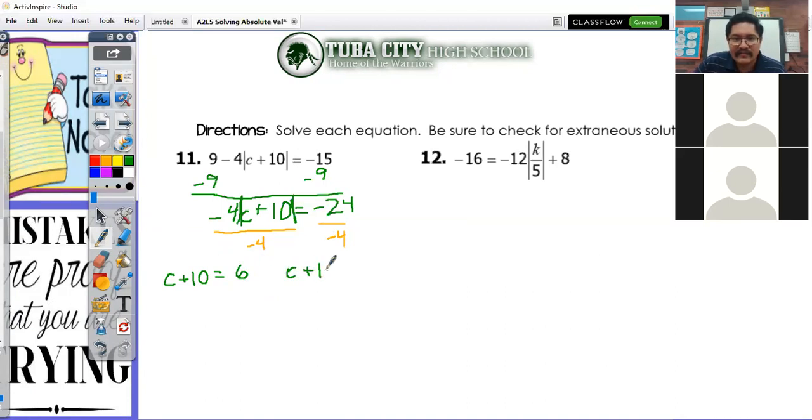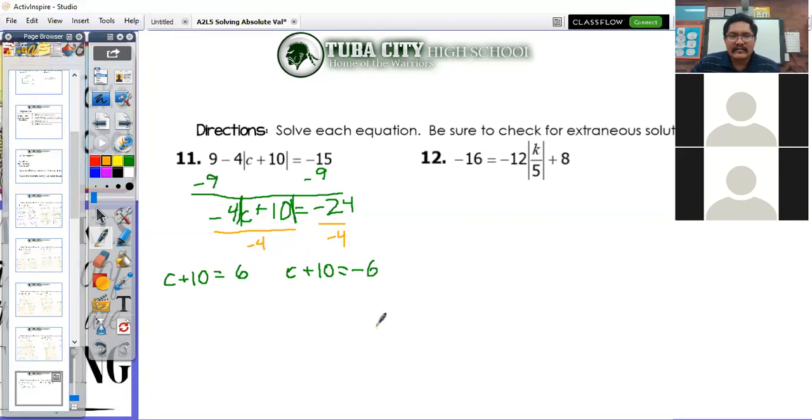Most teachers or textbooks usually save the second case for the negative one. Doesn't matter as long as you do both of them. There you go. Now I have my 2 cases. We just need to solve for C. C equals 6 minus 10, which is -4.